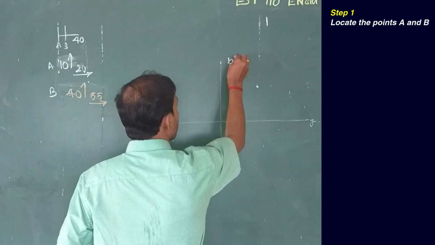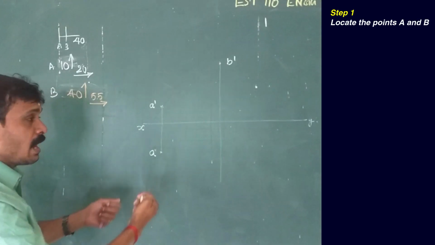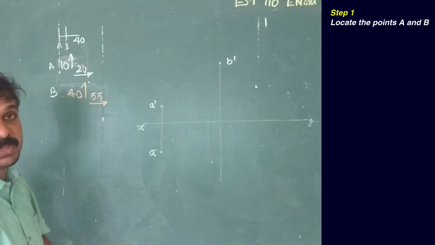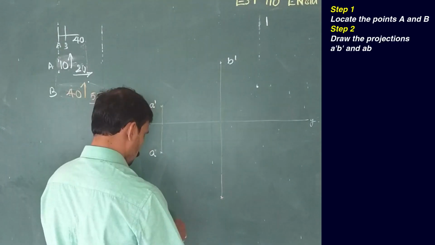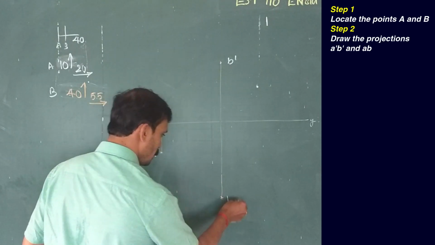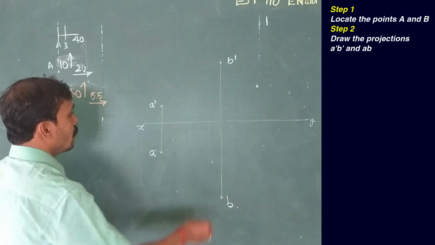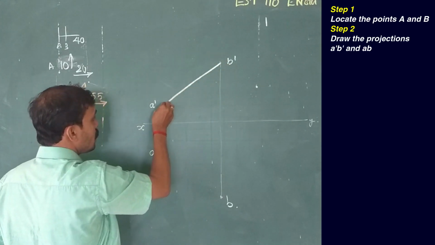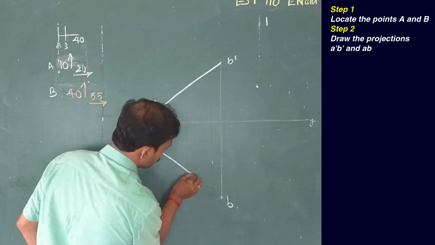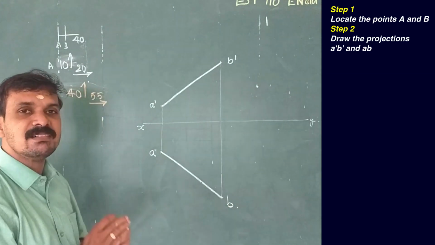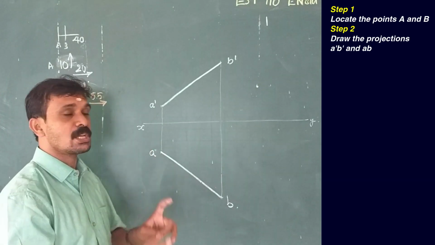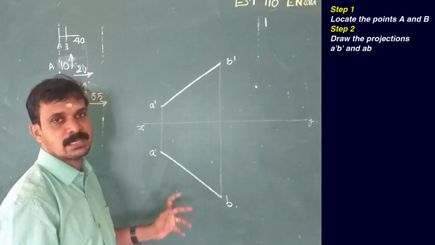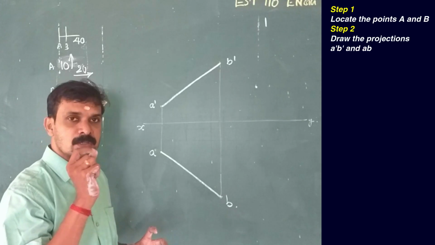Then B is 55 in front of. Now you can see that we have completed the projections A dash B dash and AB.